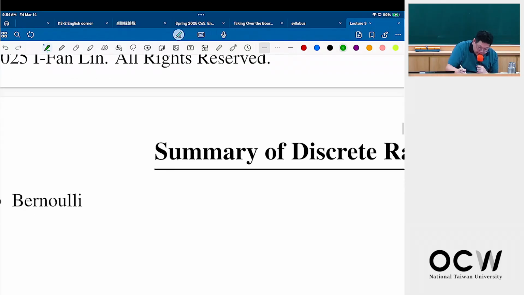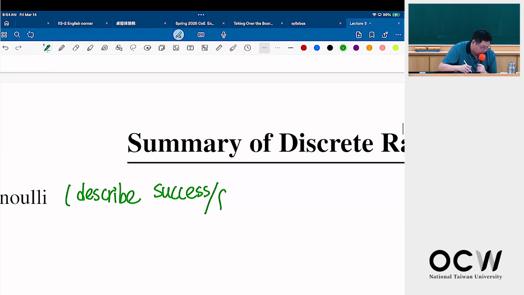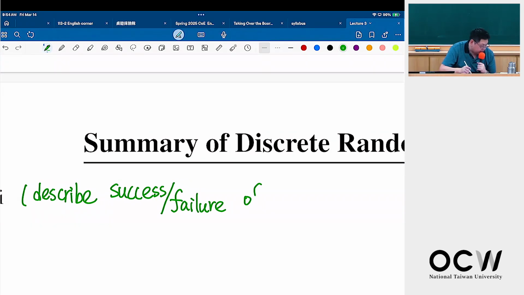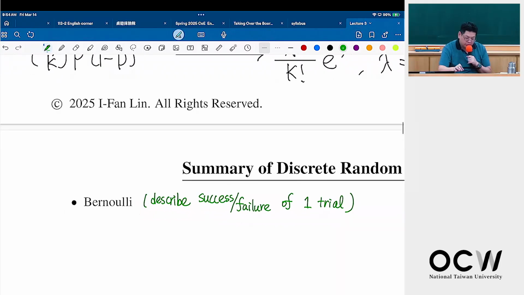Bernoulli means I describe either success or failure, heads or tails, for just one trial. Yes and no. Only 2 possible results.